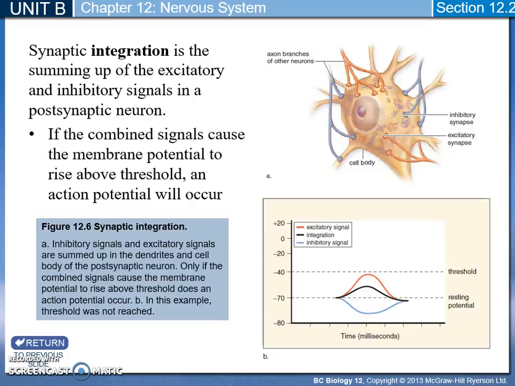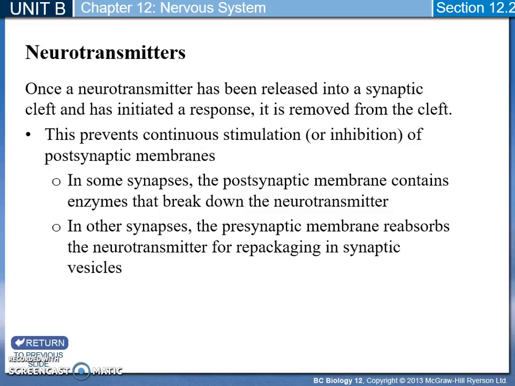And so synaptic integration is the summing up of the excitatory and inhibitory signals in a postsynaptic neuron. If the combined signals cause the membrane potential to rise above the threshold, then an action potential will occur. In other words, it's a summation of all the different inputs that a cell is getting at one time. And if it results in a rise above the threshold, then the nerve cell will fire.